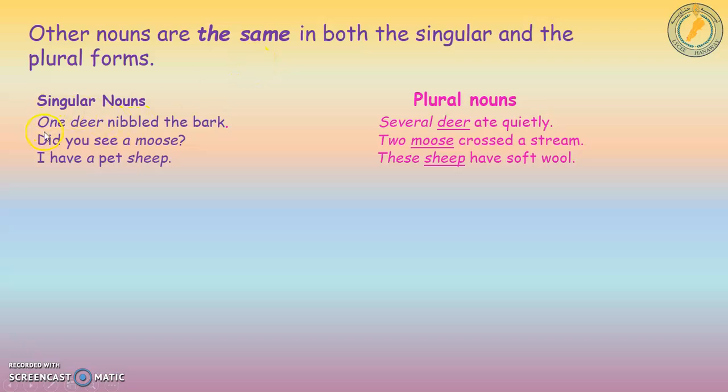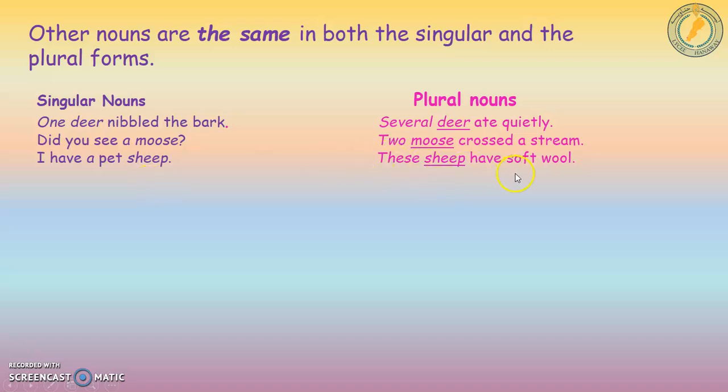For example, one deer nibbled the bark. Several deer ate quietly. Deer stays deer. Did you see a moose? Two moose crossed a stream. Moose stays moose. I have a pet sheep.